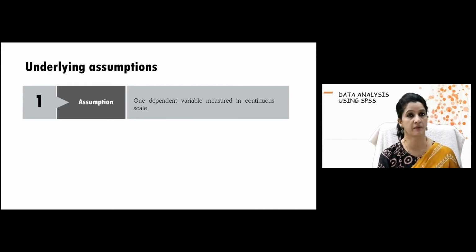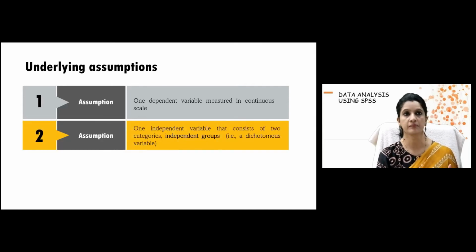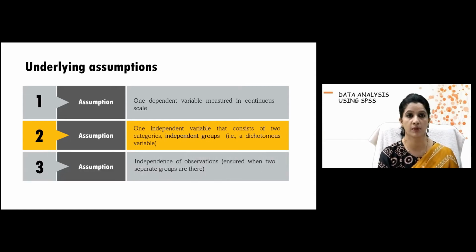Second, one independent variable that consists of two categories. In this case it is a dichotomous variable, like history of CVD, no history of CVD; student who had good sleep, student who didn't have good sleep; surgical technique 1, surgical technique 2. In all these three cases, it is a dichotomous variable.